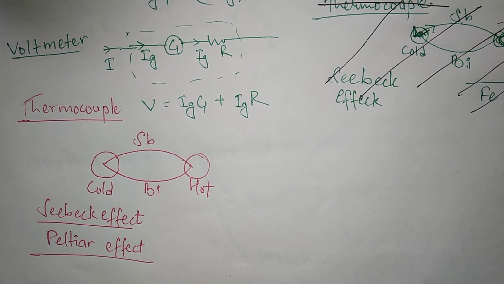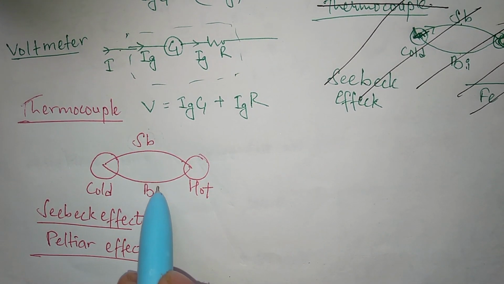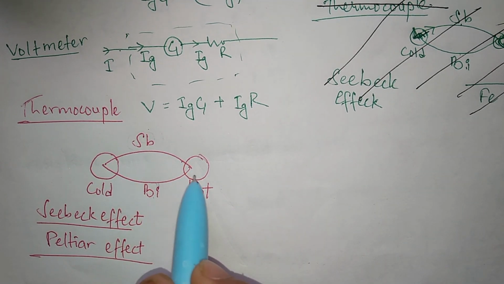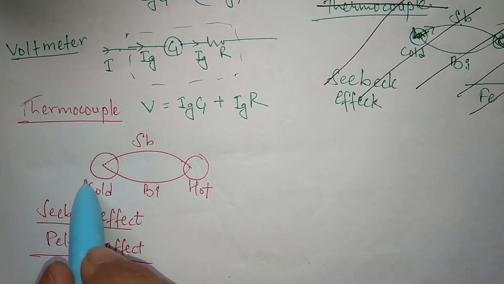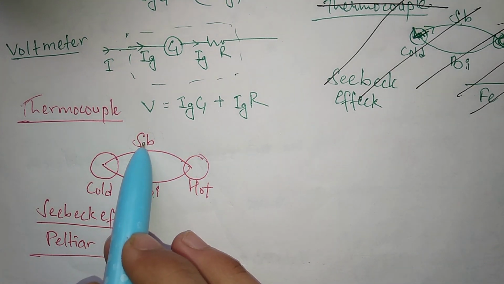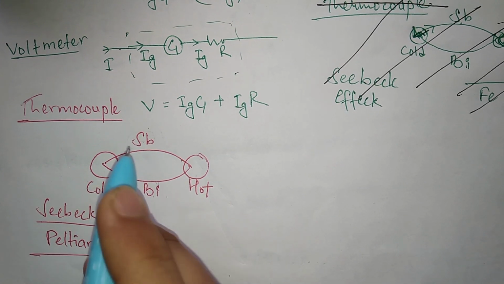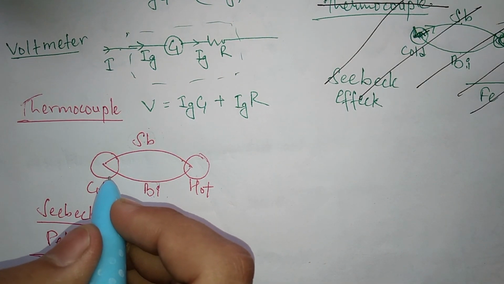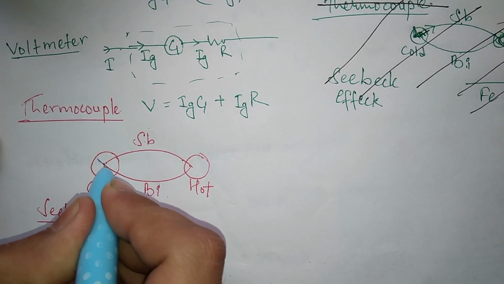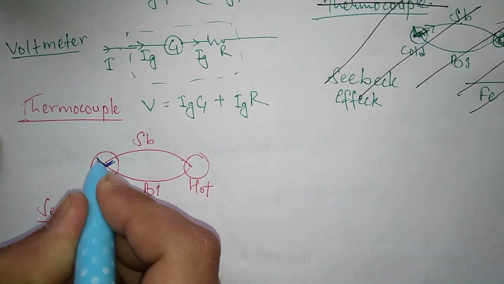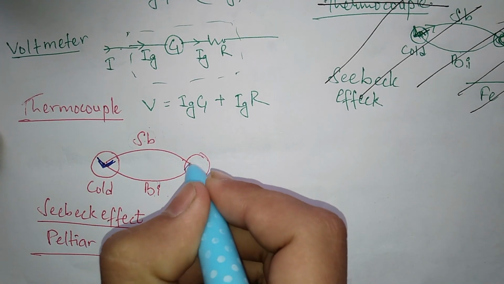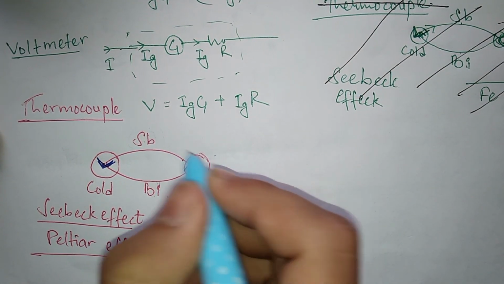According to the Seebeck effect, when two metals are connected and there are two junctions, hot and cold, then current will flow from antimony to bismuth at the cold junction, and just the opposite at the hot junction, bismuth to antimony.